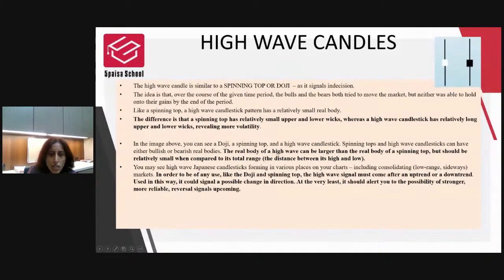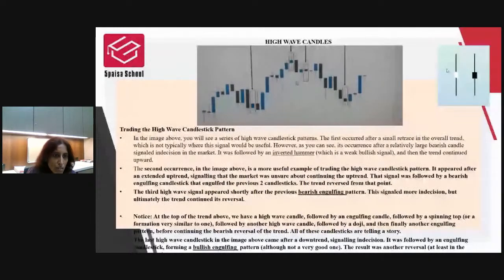So the real body of a high wave can be larger than the real body of a spinning top. So this is again the difference between the two, but it should be relatively small when compared to its total range. So this is again a way in which you are going to differentiate between a spinning top and a doji. Okay. Now, how are you going to use it for your decision?